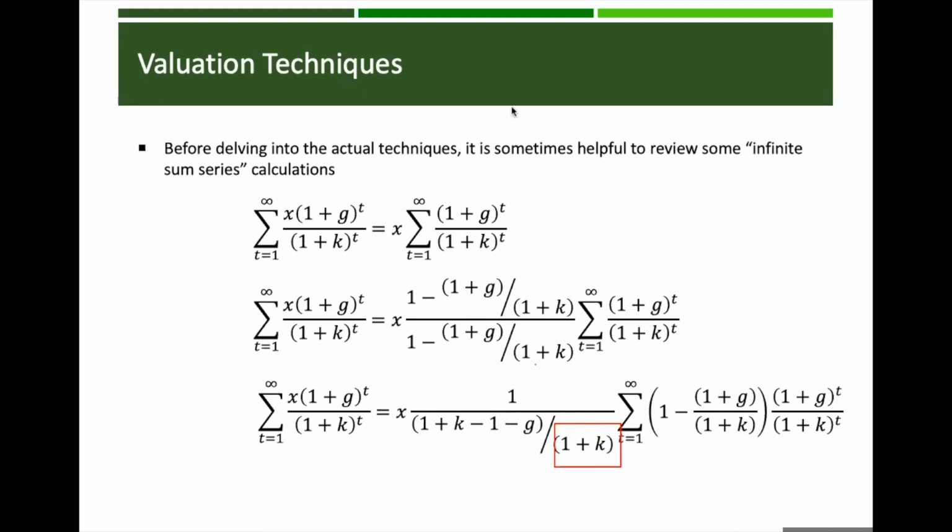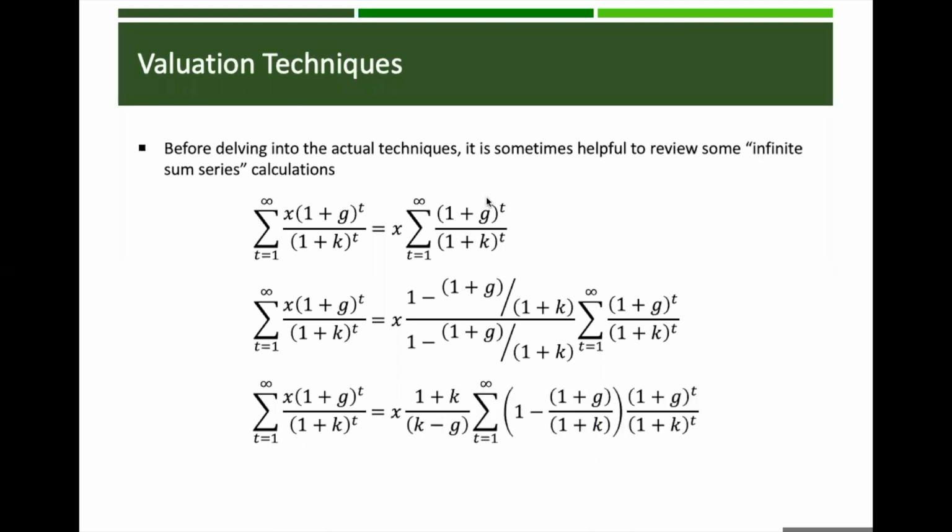It's a reciprocal. I'm also going to eliminate 1 minus 1, that's 0. And so what I'm left with is 1 plus K, I just moved that 1 plus K to the top, divided by K minus G. And that's all I've done in this slide here.